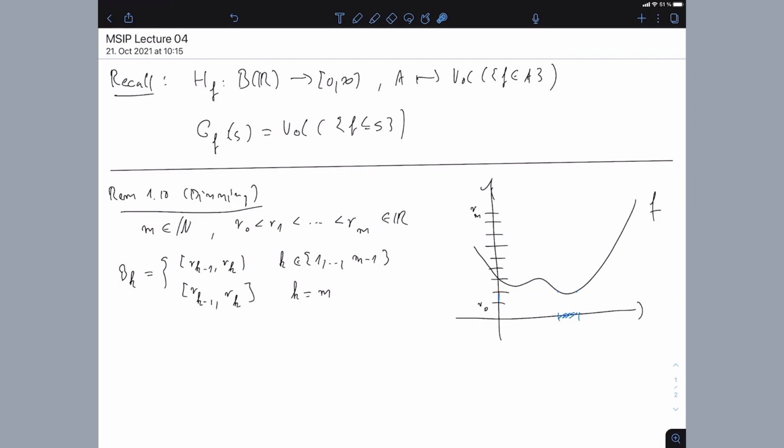That belongs to the next higher one, and the only exception is the topmost, where you include the boundary. Then the corresponding histogram for bin number k is just the volume of the set where f takes values in this bin.